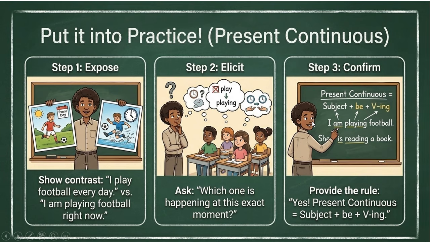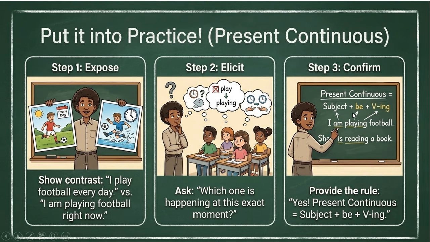Example, the present continuous. You give your students two sentences on the board: I play football every day, and I am playing football right now. So ask your students, which action is happening now? They may or may not tell you that I am playing football right now is present continuous.